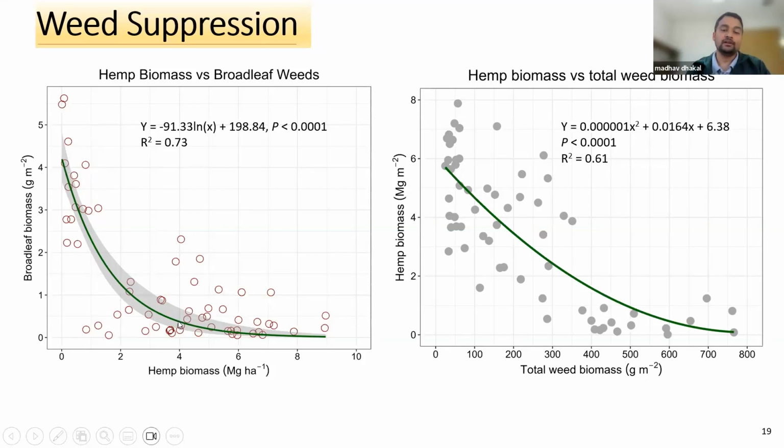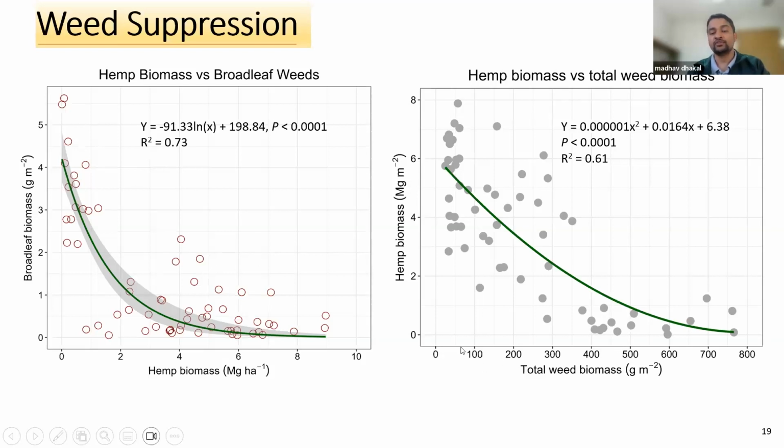That means, and I would like to repeat this, we should maintain the hemp population so it produces more hemp biomass, or more leaf mass, to suppress the weeds. Especially the broadleaf weeds can be controlled with hemp production. This is for the conventional system.